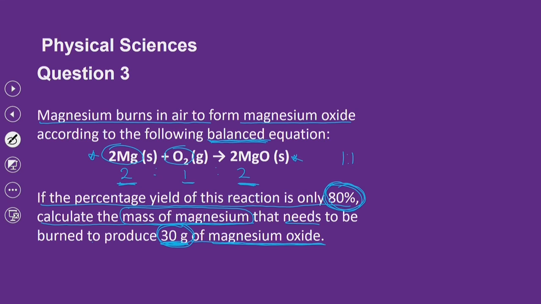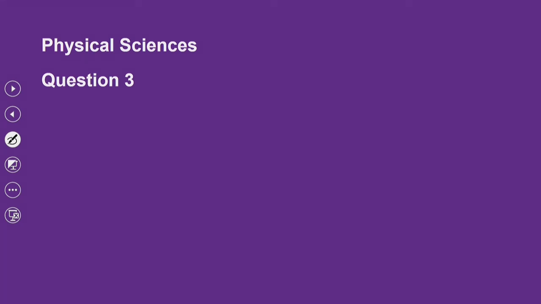Let's start off with this 30 grams that we've been given. Let's calculate how many moles there are in 30 grams of magnesium oxide. The number of moles of magnesium oxide is equal to the mass divided by the molar mass.